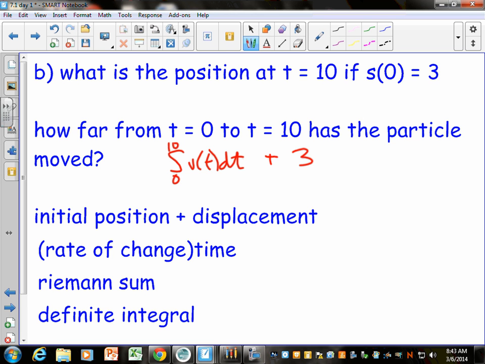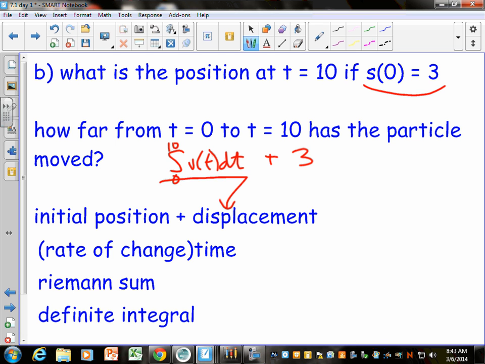So this is what we call the displacement. The displacement, if you've ever taken physics, is how far it has moved from this time to this time. So how far it has traveled from 0 to 10 seconds would be the velocity. But I don't want to just know how far did it move from 0 to 10 seconds. I want to know where it is after 10 seconds, which means I have to take into consideration where it started, right?